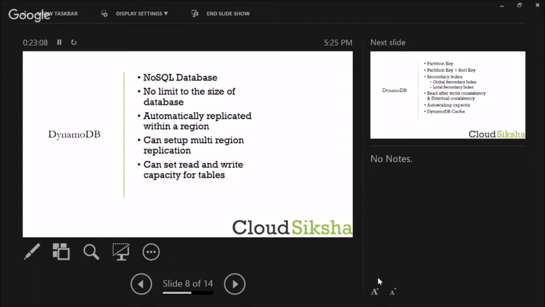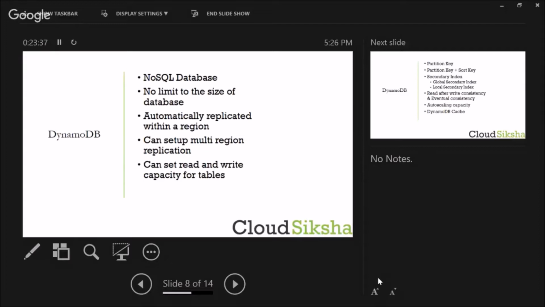You can think of DynamoDB like S3, right? You just keep on writing your data, and it sort of expands and expands to fill up the available space. It just keeps expanding, repartitioning, doing everything. So all the data that you store is automatically replicated within a region.